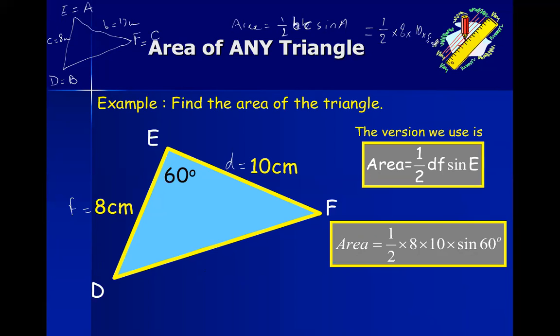So if you prefer rewriting them, that's fine. You just write it on your sheet. So you can just rewrite your area half and then write BC sine A, and that'd be fine to have that as you're working? Yep, as long as you've put in half DF sine E to start with? Correct. You're allowed to do whatever you feel more comfortable with.